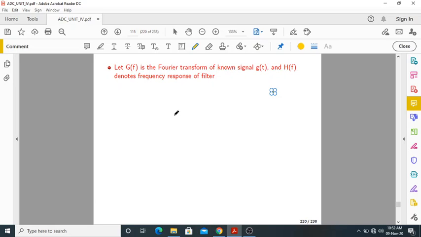Now let us get into the details. G of f is the Fourier transform of the known signal G of t, and H of f denotes the frequency response of the filter. So G of f, H of f are the Fourier transforms of G of t, H of t respectively. Now what is G naught of t actually?